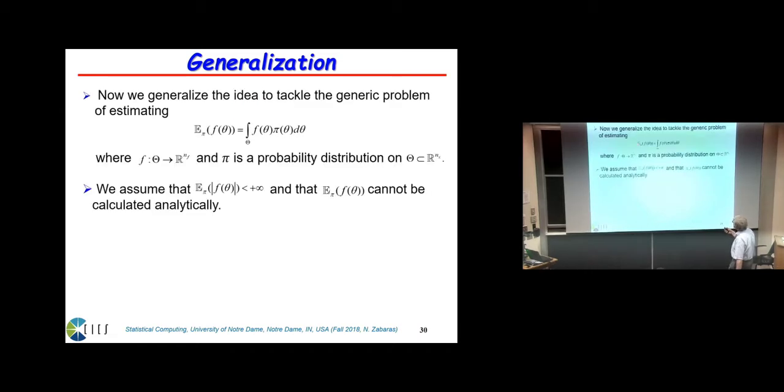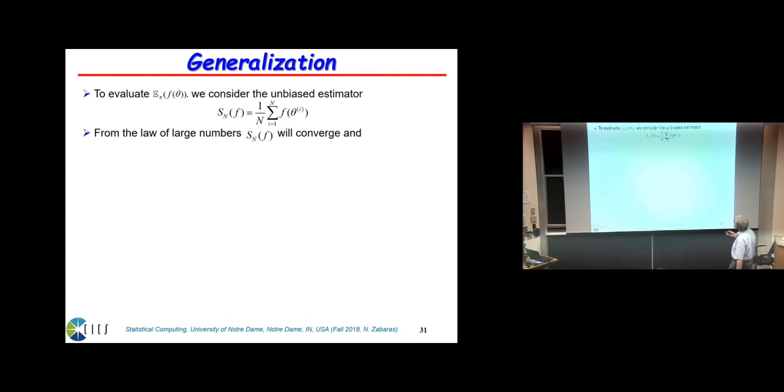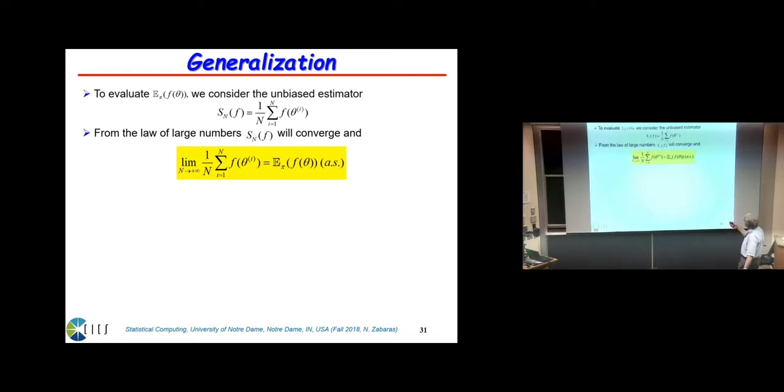So this, you can approximate basically with the sample mean, okay? This is what it is. And the samples theta are now sampled from the distribution pi of theta, okay? And so this is basically a restatement of the result that I had before for the circle. So if you take the sample mean, asymptotically, it gives you a very good approximation. It's equal to the expectation under the true distribution of f of theta.